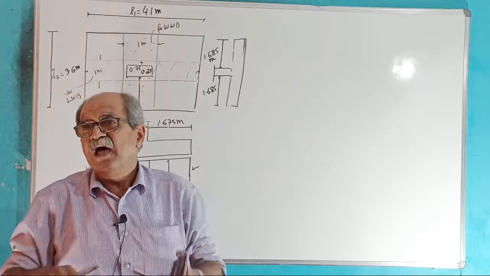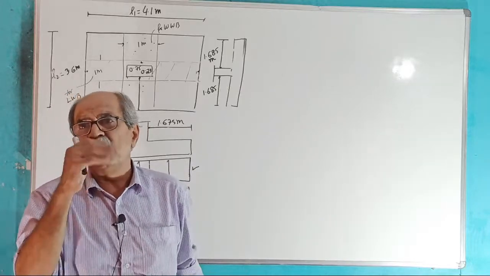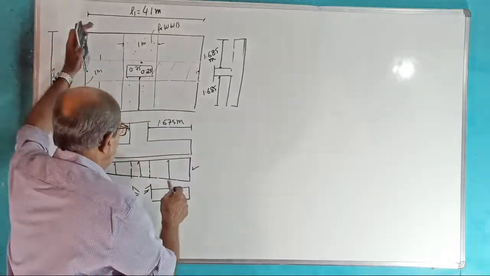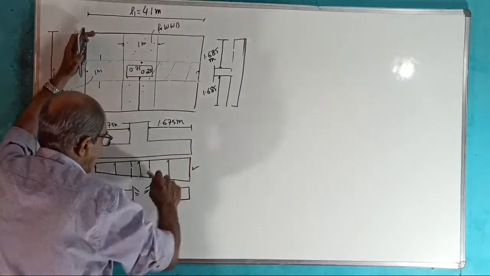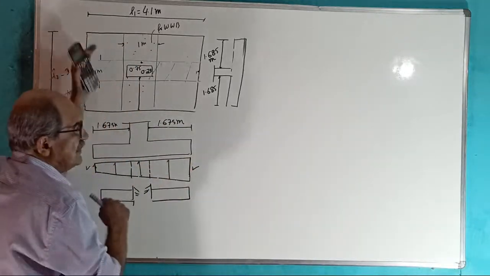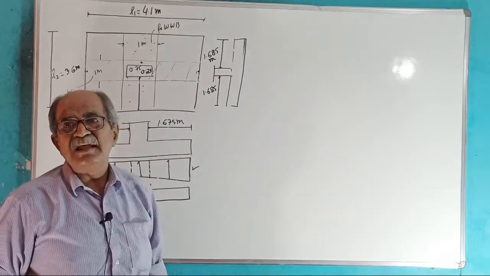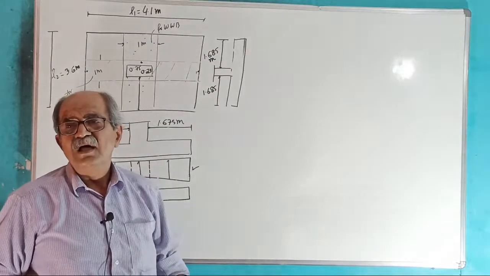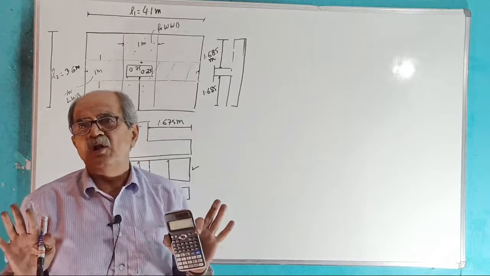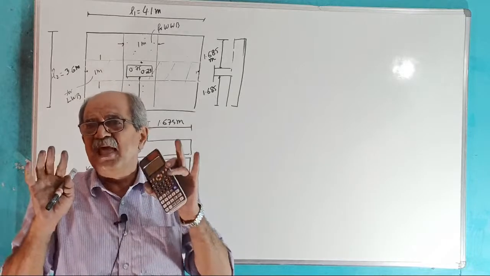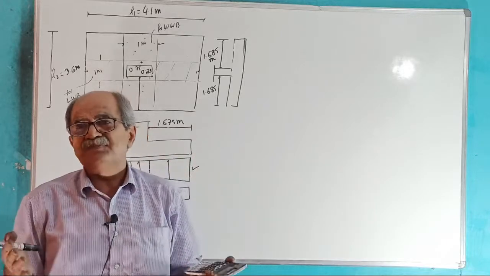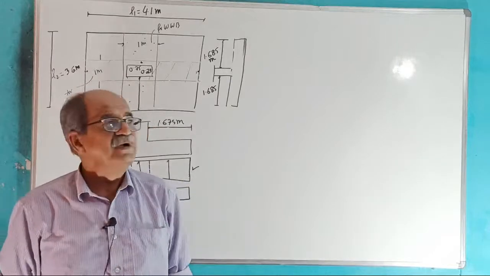Based on pressure, higher pressure is critical. So you cannot tell. Then I told you, you find BMSF here and also BMSF here. Design the worst case, that is higher values. Now, in the class, all those we are not doing. Why? If such a thing happens, this is the class for software, ETABS and SAFE.